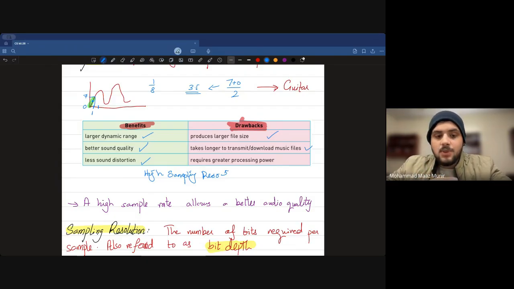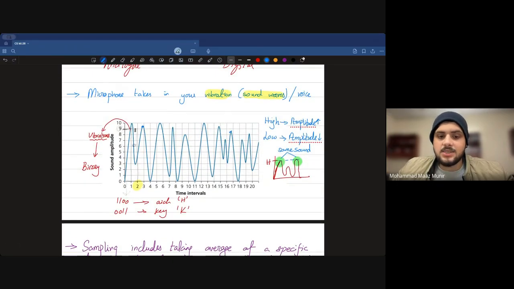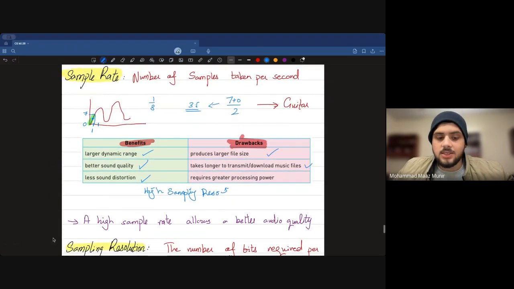So why is that required? Because all this process, even though it may seem very easy, where we are taking samples after every set interval, usually requires power. So if I want to do it for a file with a larger sampling resolution, it would require a lot of power. So the third drawback is that it requires greater processing power.